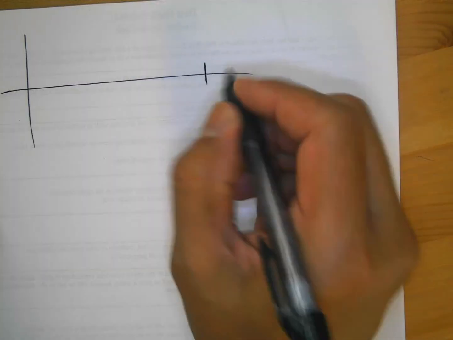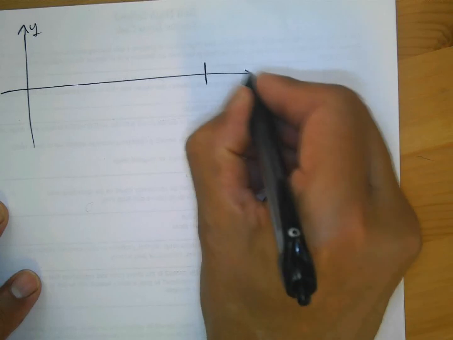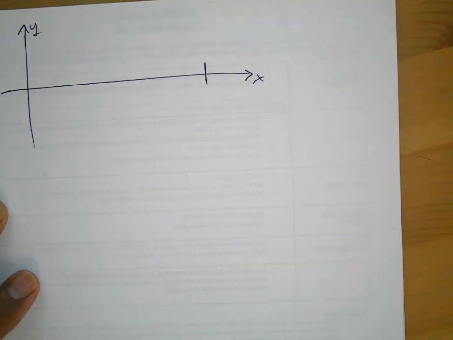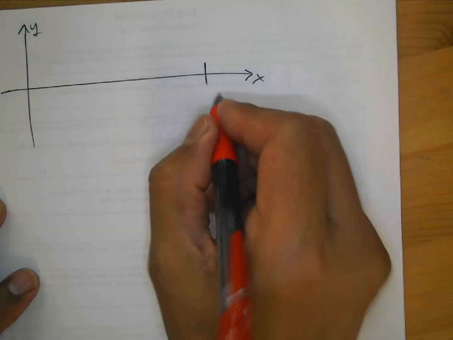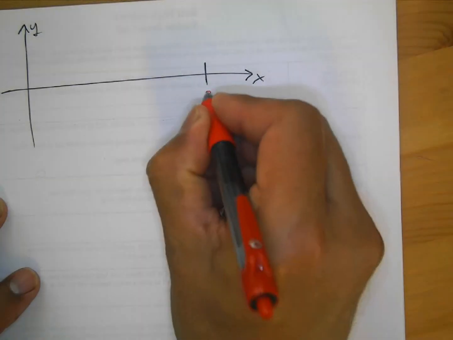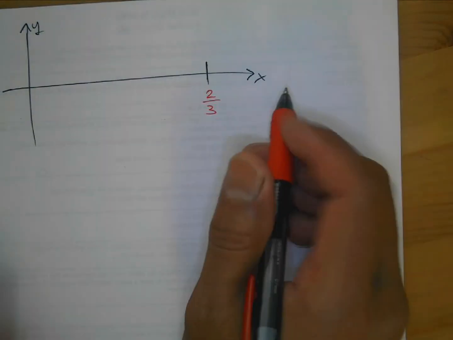Okay, so now, what if your period is 2/3? This distance that we're going to be using to graph one cycle is called the period. The length and the amount of time it takes to complete one cycle.